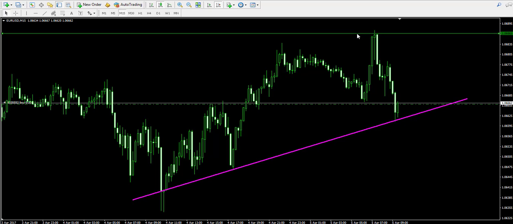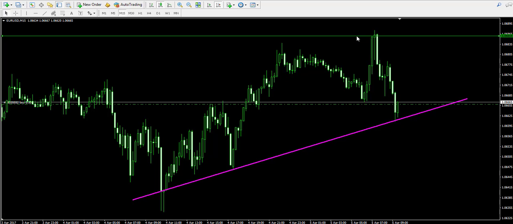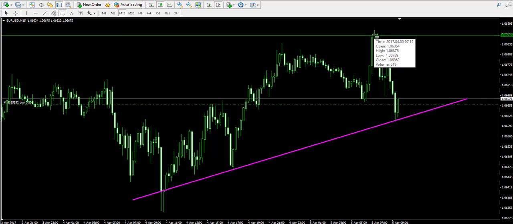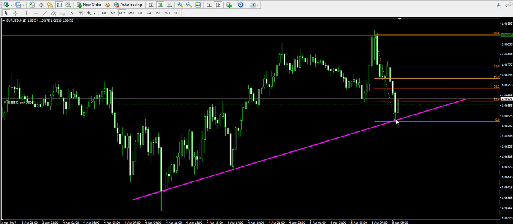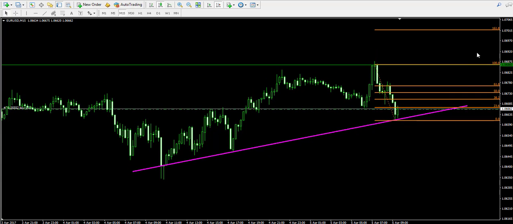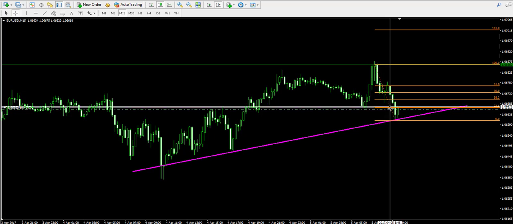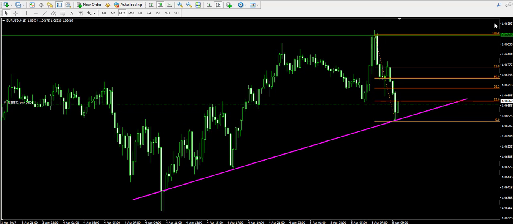Notice that this move could also be bigger. It could take 161.8%. Here it is. 161.8% of wave 4. But the target I should set on the chart should be at least 400%.